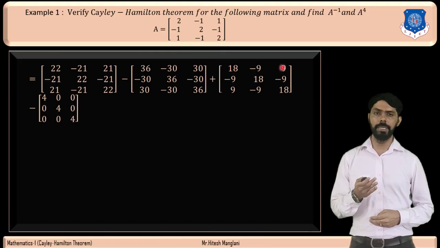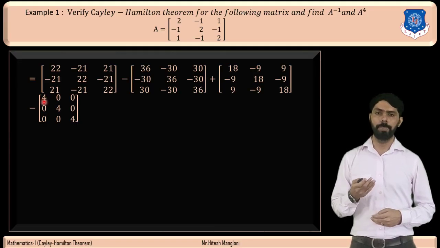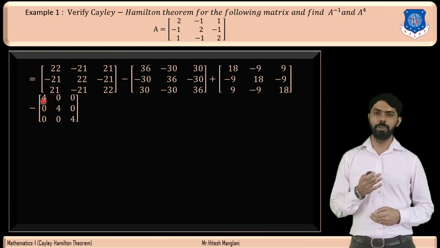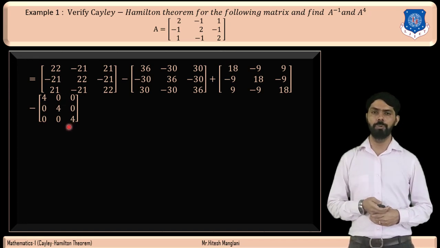So it will be [18, -9, 9; -9, 18, -9; 9, -9, 18]. Then after, minus 4I, and I is the identity matrix of order 3. So it will be 1 0 0, 0 1 0, 0 0 1, but here we will have to find out 4I. So it will be 4 0 0, 0 4 0, 0 0 4.